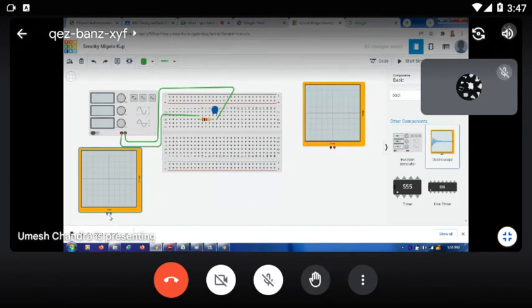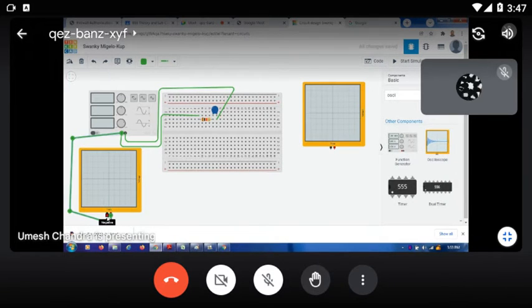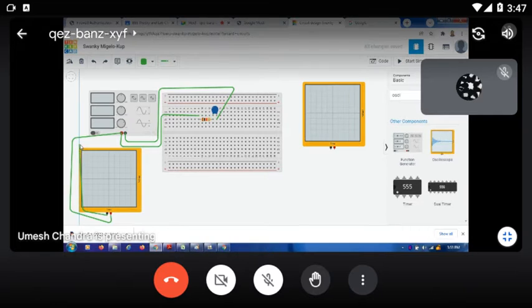One oscilloscope for input: positive to positive, negative to negative. And where the resistor and capacitor both are connected, that is positive. Output positive here, and the other is the negative terminal here.